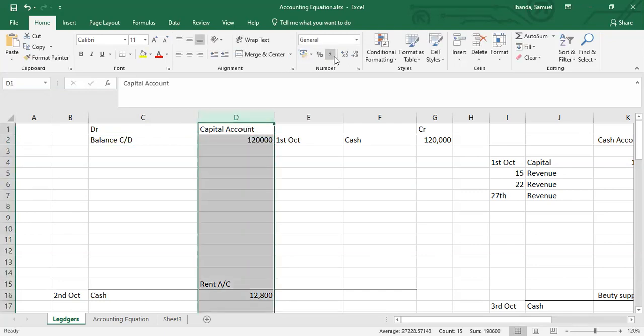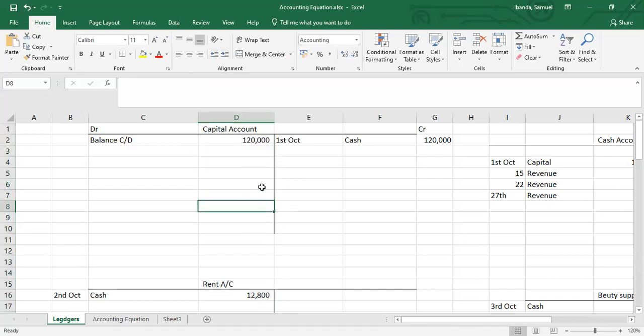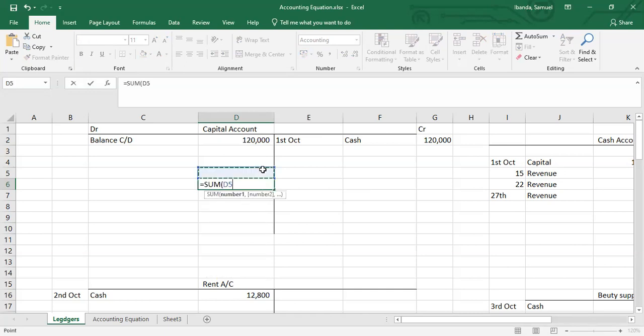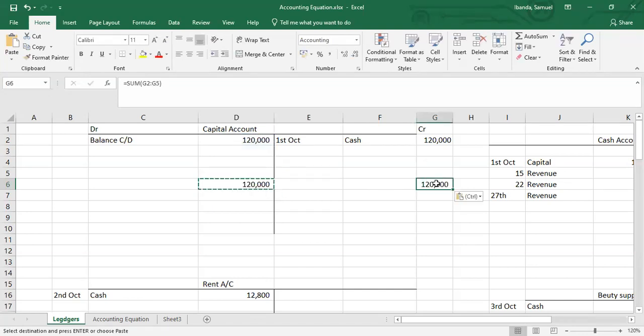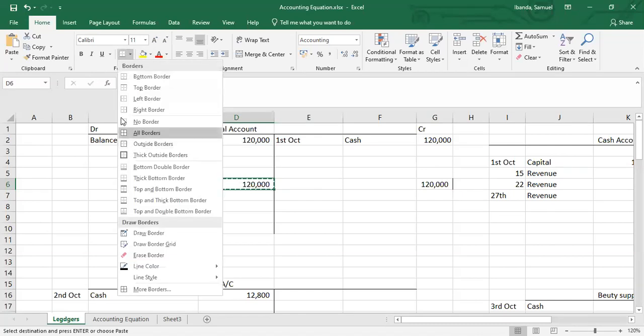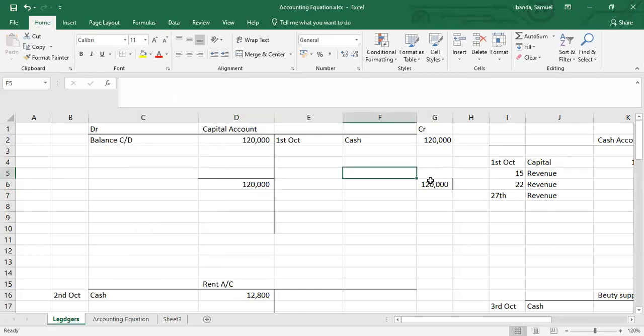So then you get your total. I'll use some Excel formulas since I'm using Excel. So you get your totals there.